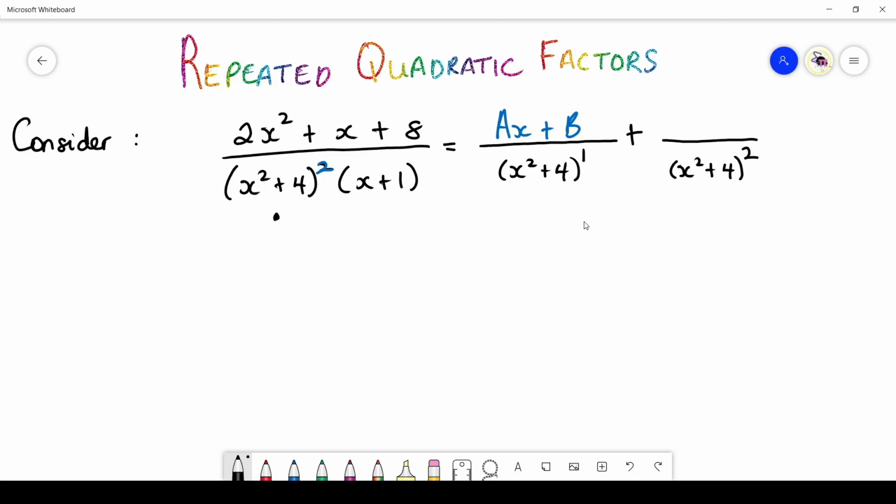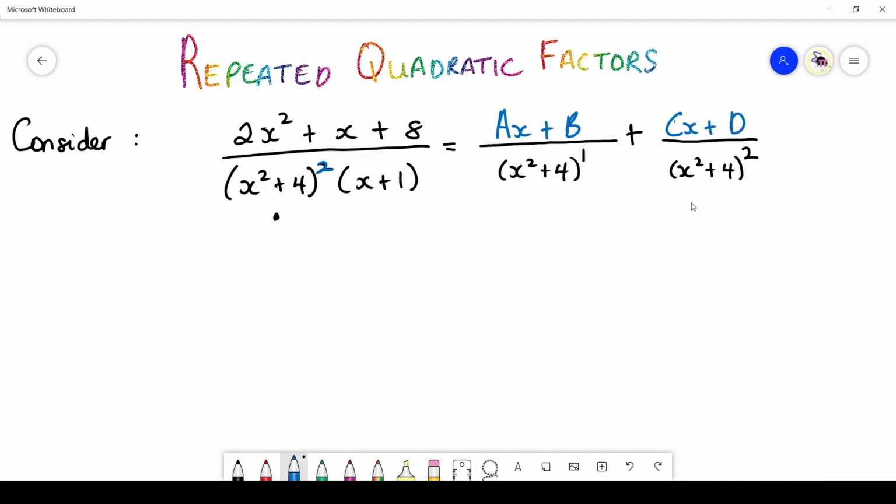So this is how this split is going to take place. And not only is it going to take place like that, once again, because within bracket, you have something called a repeated quadratic factor, you also have to make sure your numerator corresponds. So because we already use the letters A and B, we'll have to use CX plus D.